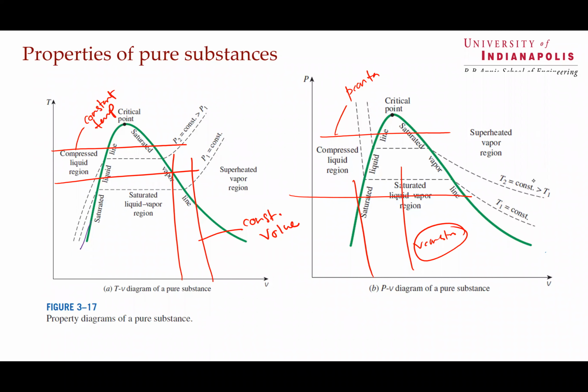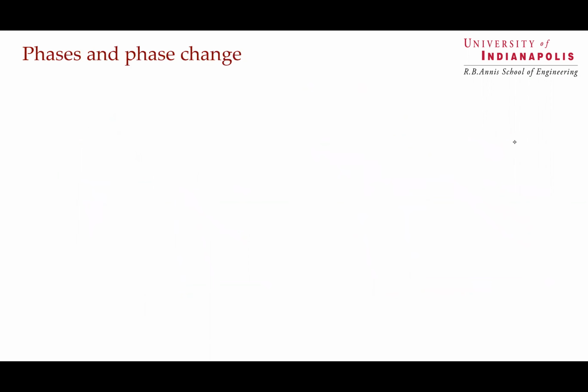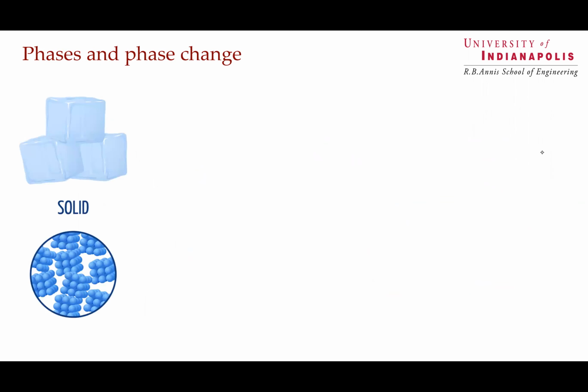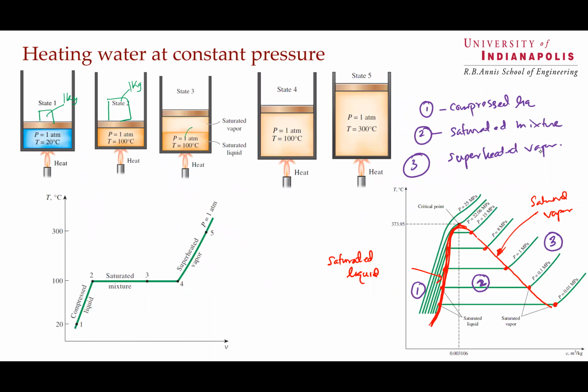Using the tables, you can sketch a PV, TV, or TS diagram, and then you can find where the state is, and from that we can find the properties by referring to the correct table.